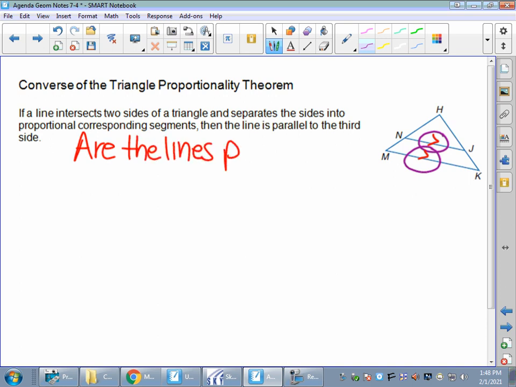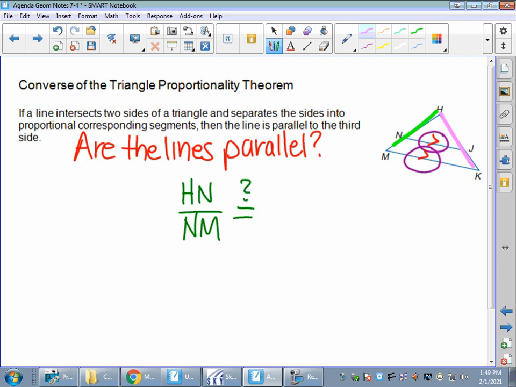So is NJ parallel to MK? So it's a yes or no question, right? You have to answer it. It's parallel or it's not. But of course, you're going to show me some math to do that. So you're going to set up a proportion. So in this particular case, we would do the same setup. So I would say, is HN over NM equal to, question mark, HJ over JK?